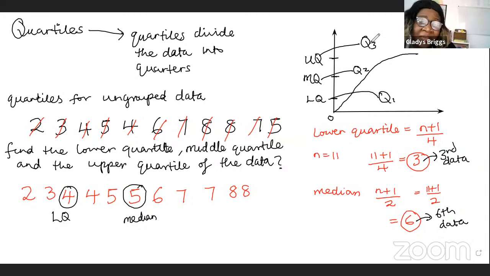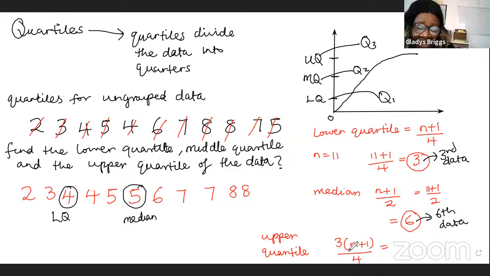Now to find the upper quartile, you have to do 3 over 4 n plus, let me write that correctly so that it's easier for you. 3 times n plus 1 over 4.